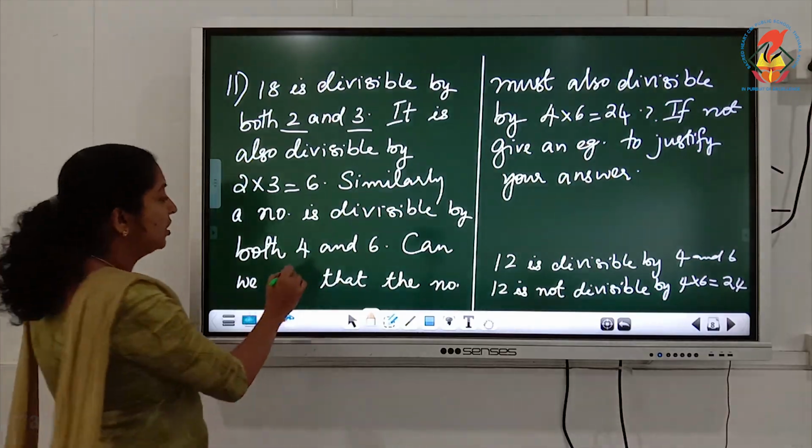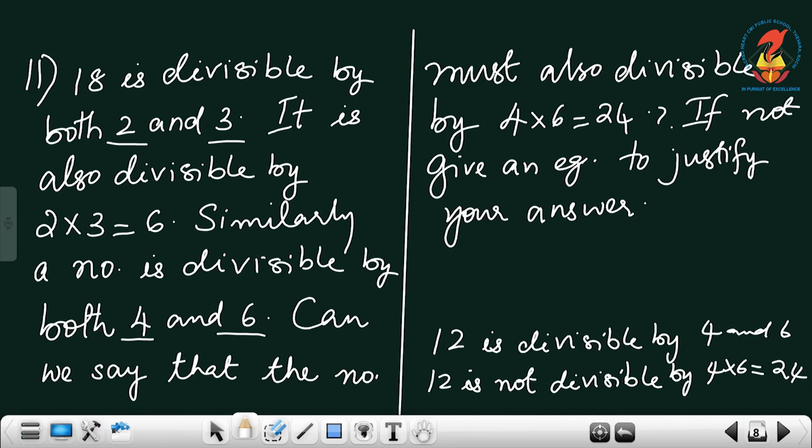Similarly, if a number is divisible by 4 and 6, is it divisible by 4 into 6? No, because 4 and 6 are not co-prime numbers. Give an example. 12 is divisible by both 4 and 6. But 12 is not divisible by 4 into 6, 24. If these two are co-prime, we can say that number is divisible by the product of these two also.